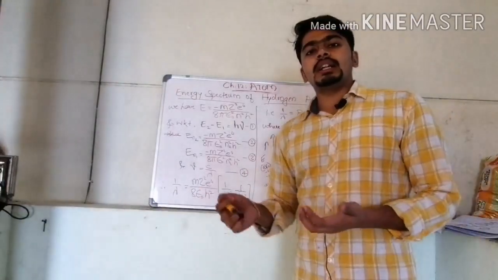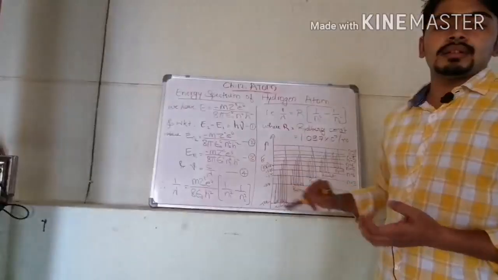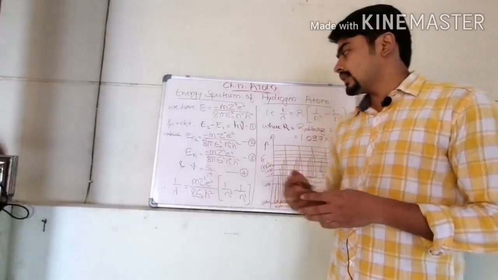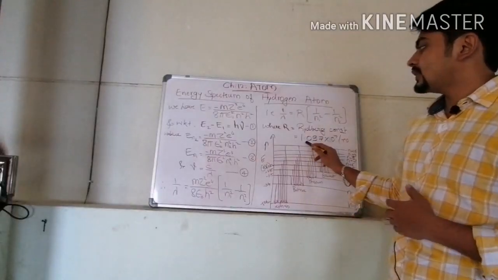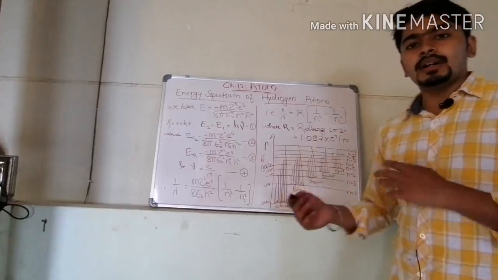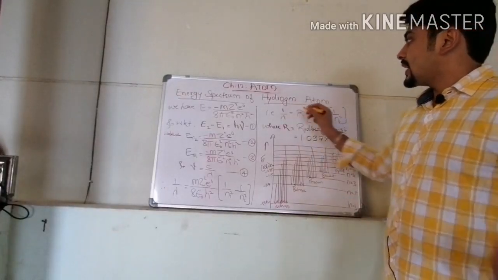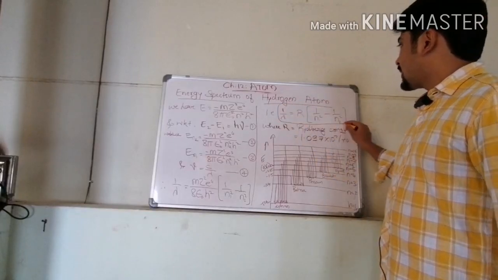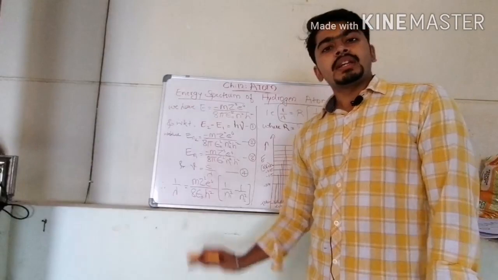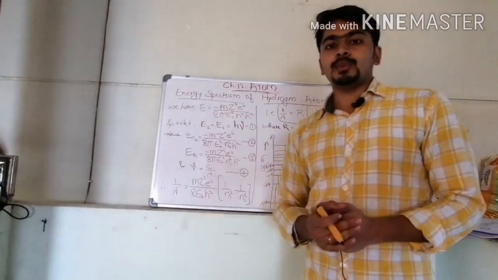On generalizing these constants, we write the value R, that is the Rydberg constant, whose value is 1.097 into 10 raised to 7 per meter. So 1 by lambda is equal to R into 1 by n1 square minus 1 by n2 square is the Rydberg relation, also known as the semi-empirical formula.